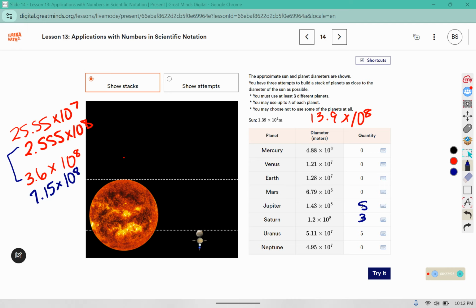So if I add those together, I have 2.555 plus 3.6 plus 7.15. And since all of them are 10 to the 8th, I can just add up their initial values. And that gives me 13.305 times 10 to the 8th. So I'm pretty close, but I've got about 0.6 more to go.